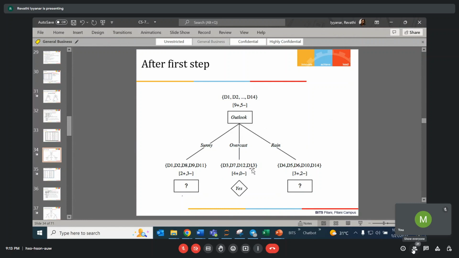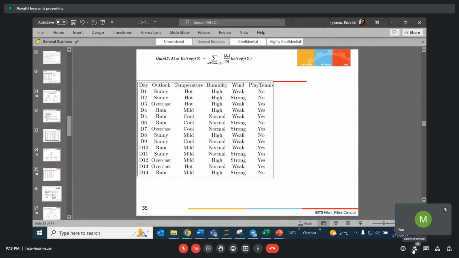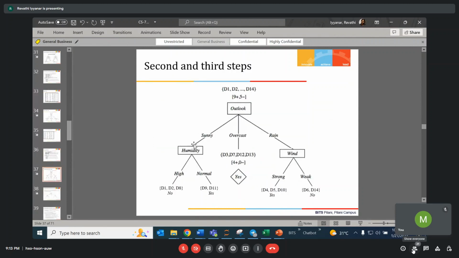All the examples corresponding to play is equal to yes, for overcast. Then humidity high, normal. And here also after finding for normal, it is yes and no.